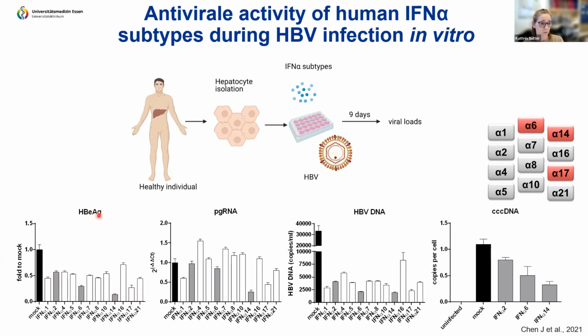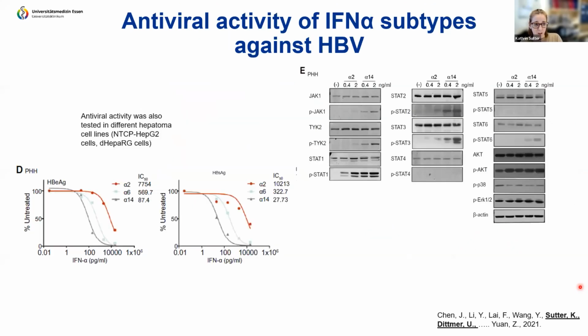And this is shown here for one serological marker, HBe antigen, but the same is true here for HPV DNA, and also for the covalently closed circular DNA here, cccDNA, which resides in infected cells. And there we also saw that alpha 14 could downregulate the copies per cell.